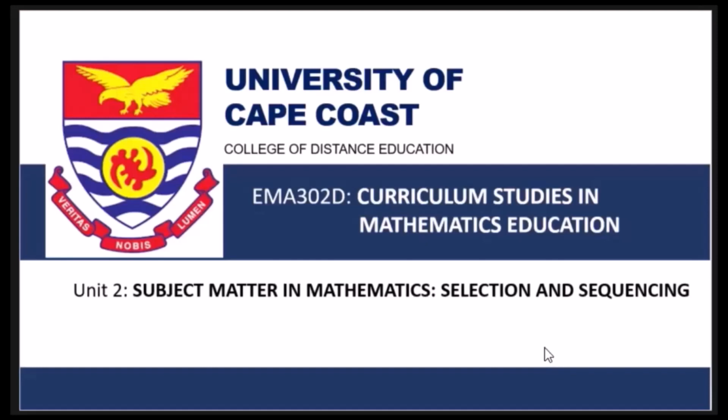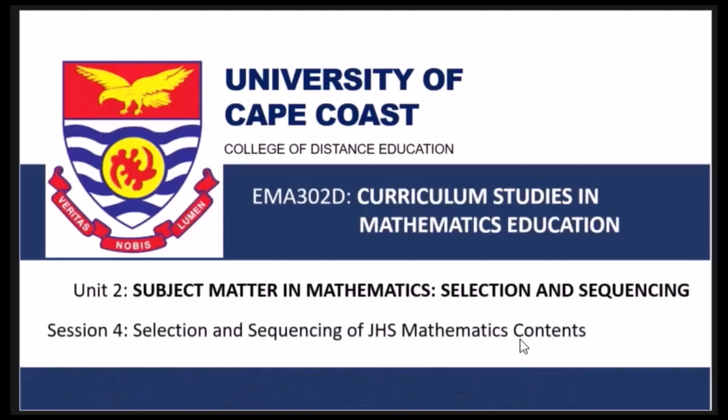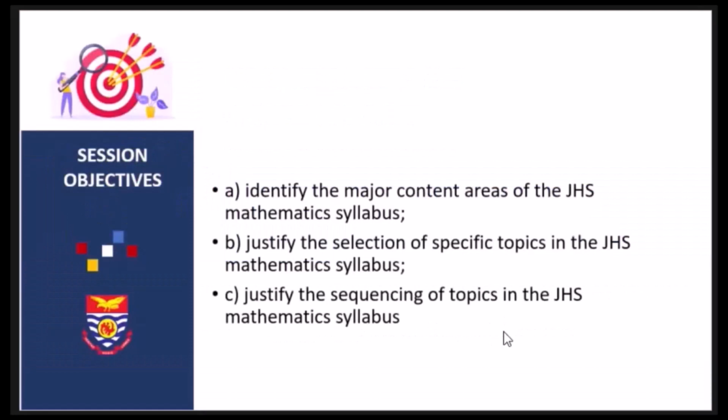In this session, which is the fourth session, we shall be looking at selection and sequencing of JHS mathematics contents. So the subject matter in the JHS mathematics syllabus, we shall look at the selection and sequencing of them. Let's look at the objectives.